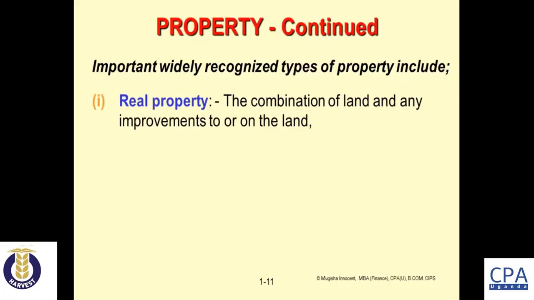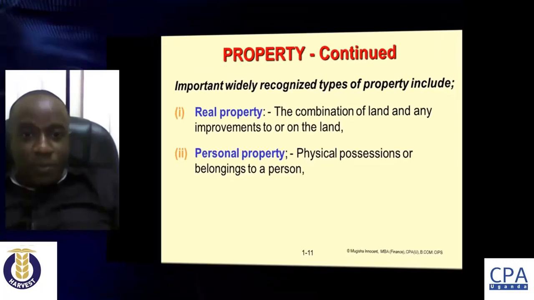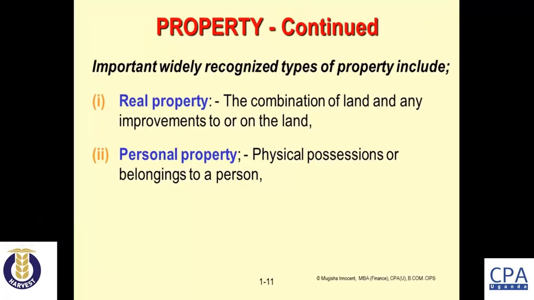Real property in this case is the combination of land and any improvements on the land. Next, we have personal property. Personal property, here we are talking about physical possessions or belongings to a person.